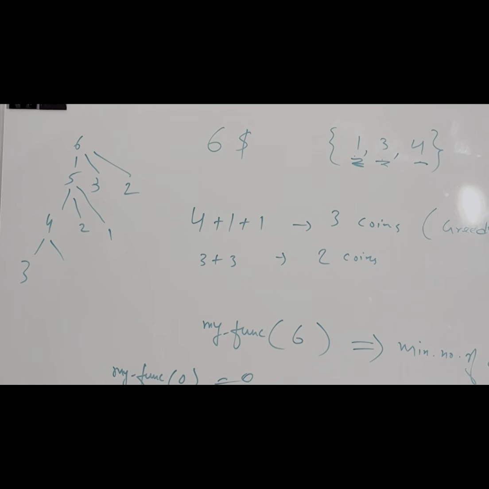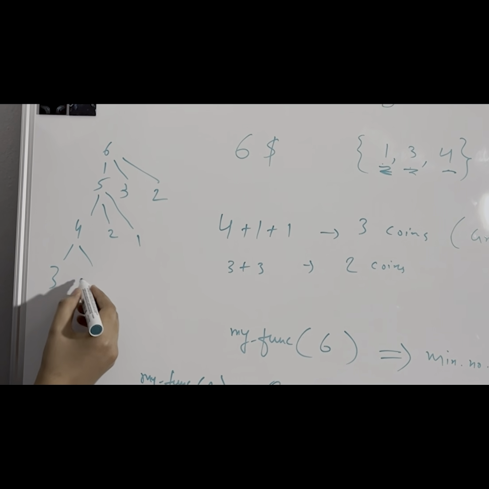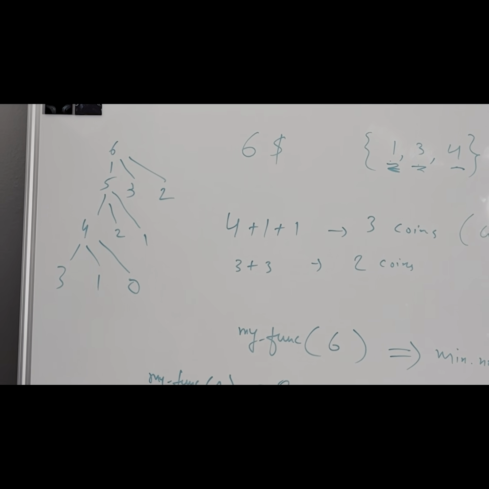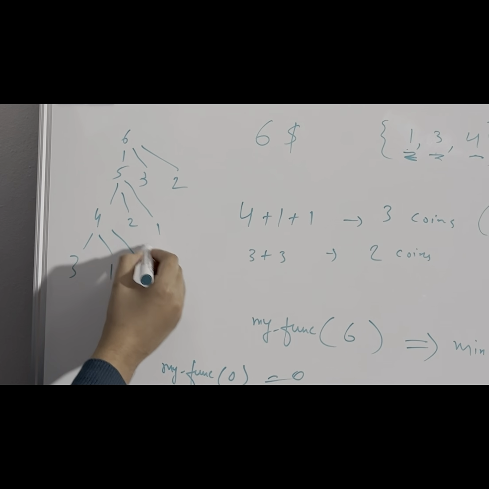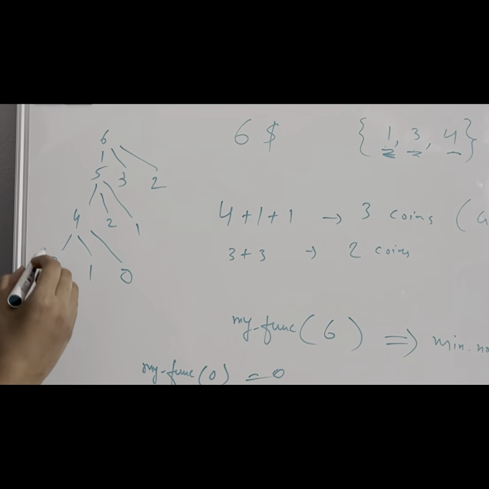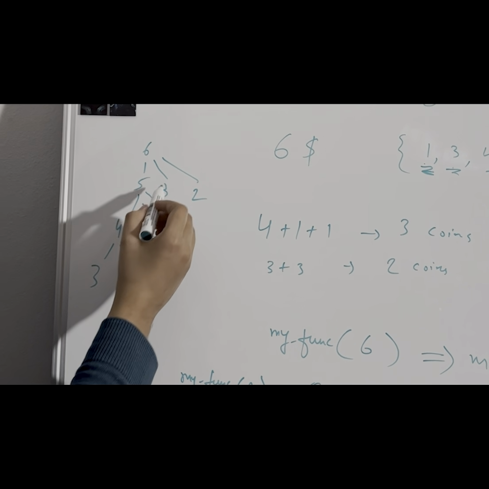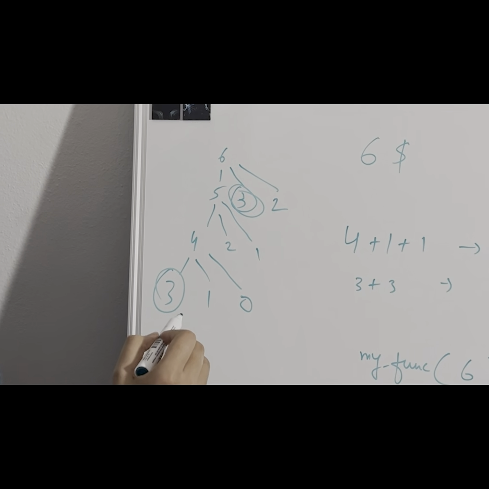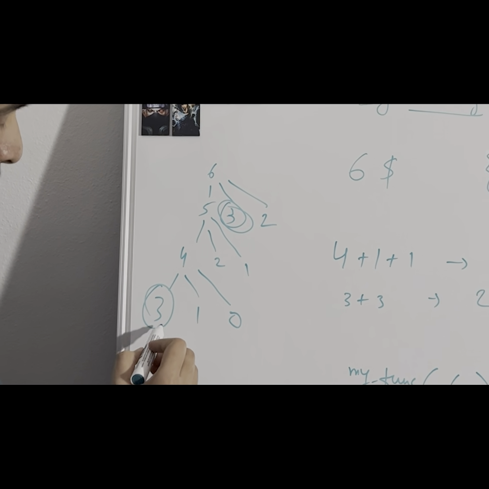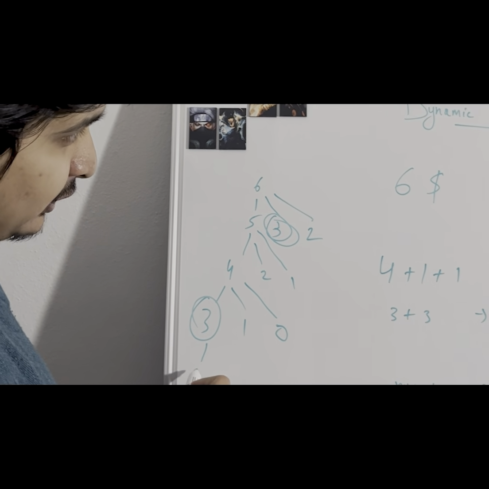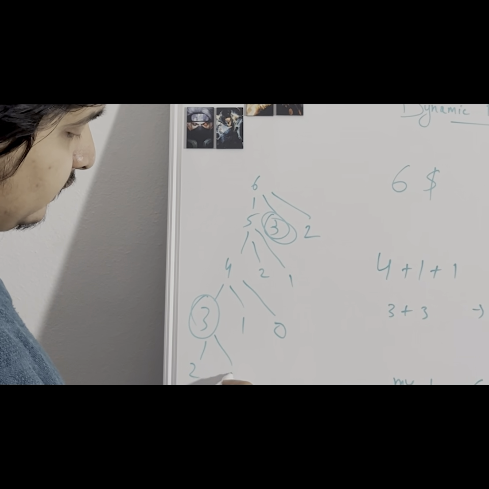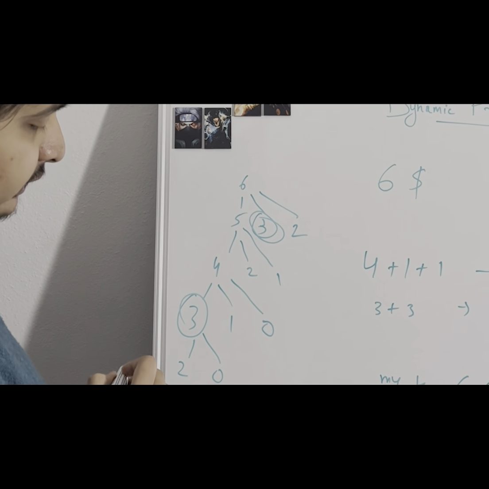If you use 3, then you will have 1, and if you use 4 itself, then it will be 0. For 2, again similar. If you notice this, we have 3 over here, and we have 3 over here as well. For this 3 we can again calculate: if we use the first coin it will be 2, and if you use the third one it will be 0.